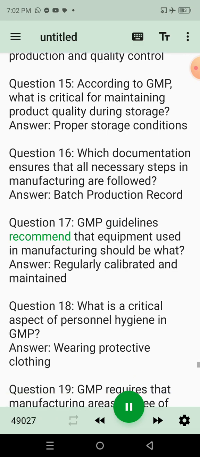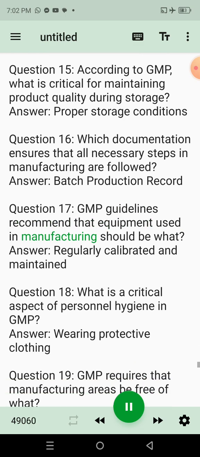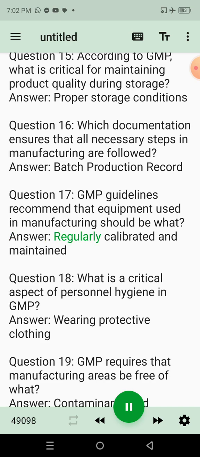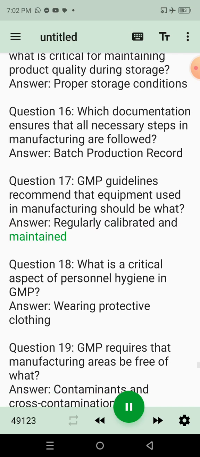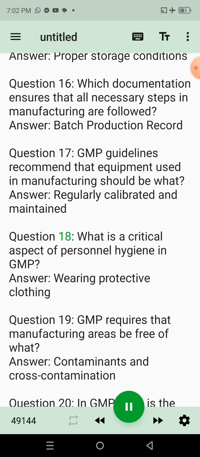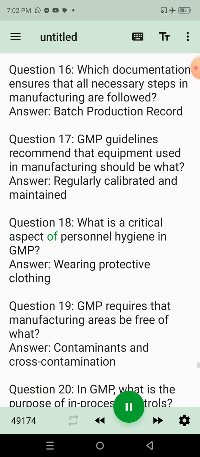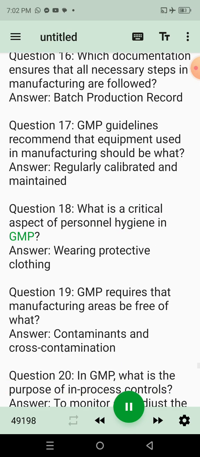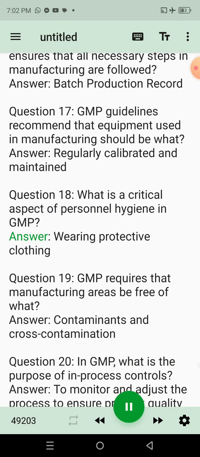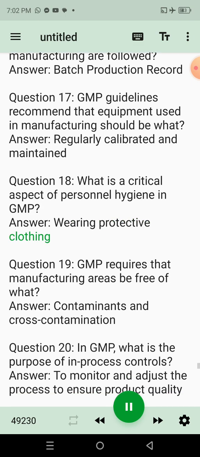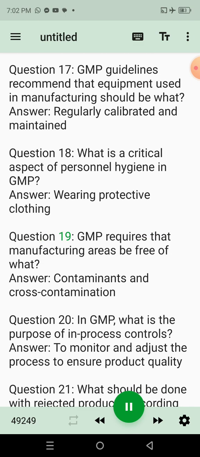Question 17. GMP guidelines recommend that equipment used in manufacturing should be what? Answer: Regularly calibrated and maintained. Question 18. What is a critical aspect of personnel hygiene in GMP? Answer: Wearing protective clothing. Question 19.